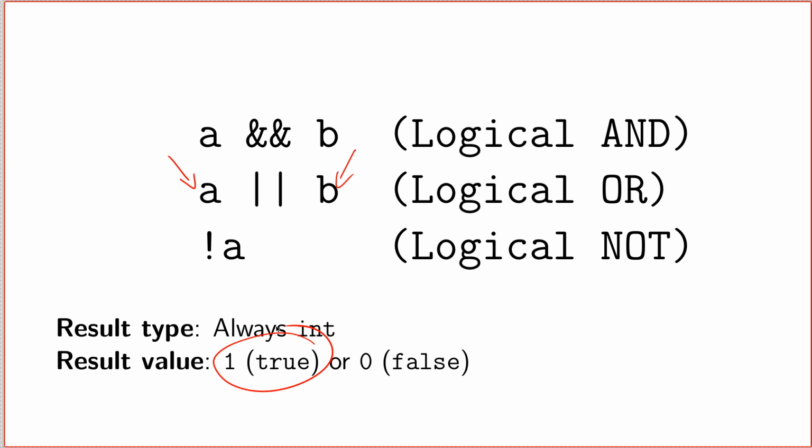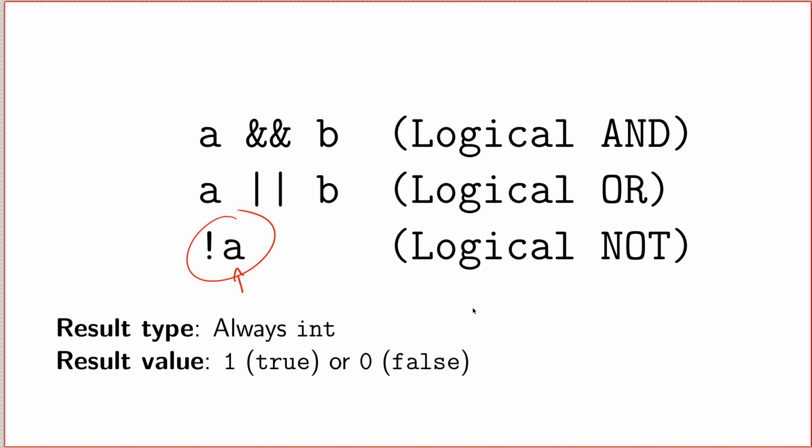The only time OR ever gives you back the value false is if both A and B evaluate to false. Then there's logical not. Logical not only has 1 operand, it evaluates it, and then gives you back the opposite truth value. So if A is true, we read this as not A. If A is true, not A is false. If A is false, not A is true. So the logical not operator flips the truth value.